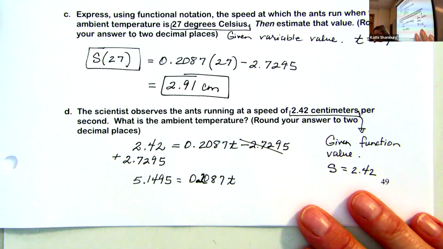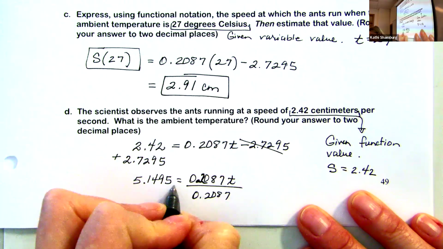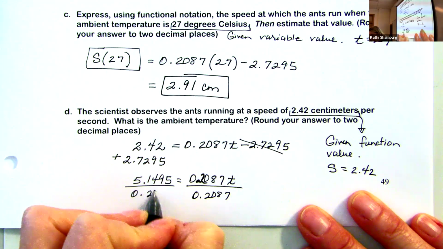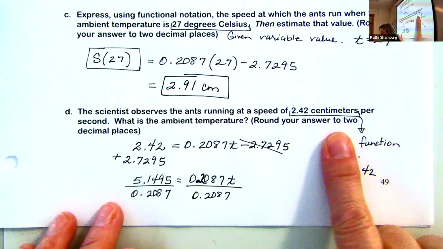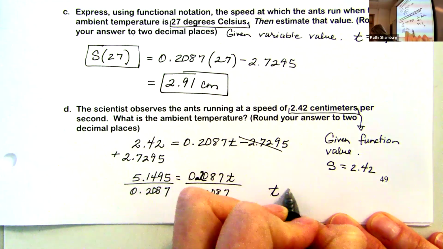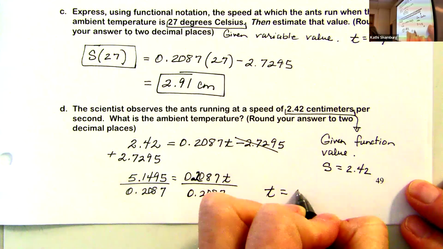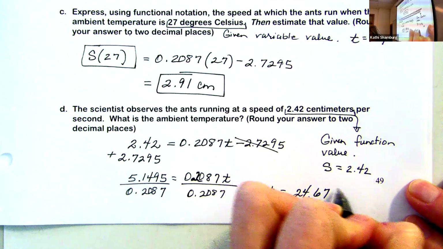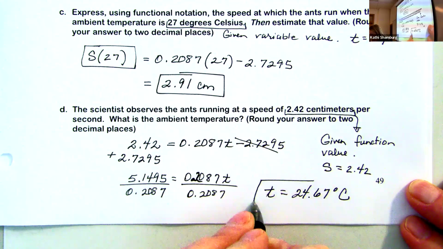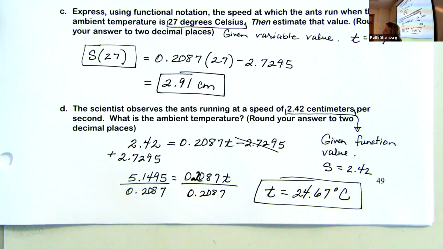How? And then it says your final answer to 2 decimal places. So t equals 24.67 degrees Celsius. Okay.